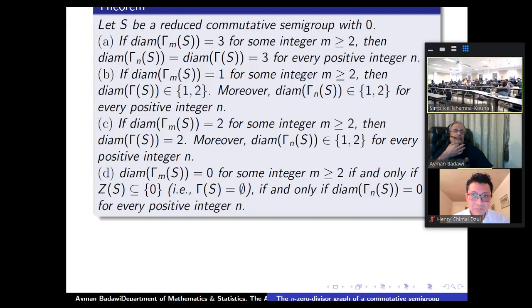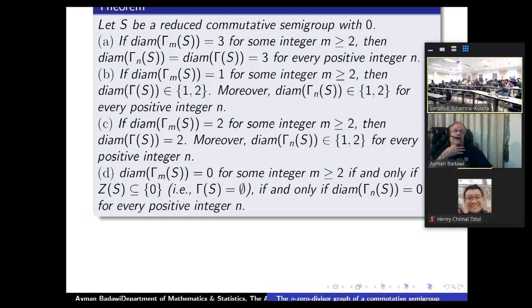And we have an example of a ring where the diameter for some m is 1, and for another m is 2, and the diameter of the classical zero-divisor graph is 2. Okay, so for 3, nothing changed. For 1, things might change. What about if the diameter is 2?